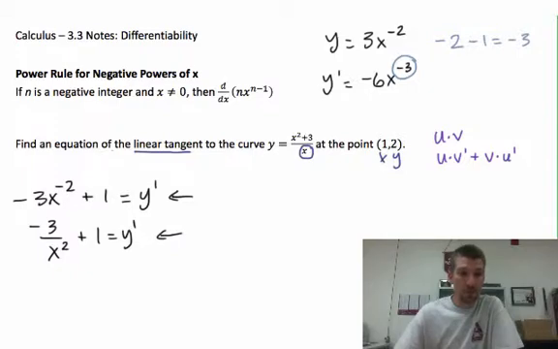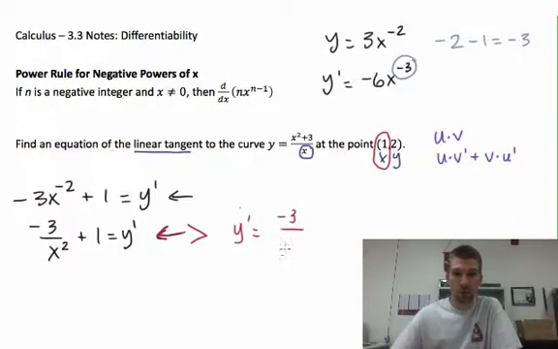So what we're going to do is take that 1 that we've got for our x-coordinate and plug it into our derivative right here. Everywhere we see x, we put in a 1. That's going to give me y prime equals negative 3 over 1 squared, which gives me this.